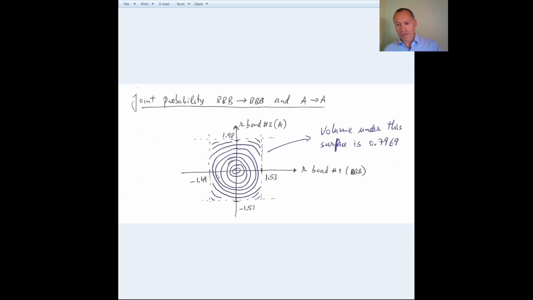In the thresholds, we saw that if the return for the first bond is between minus 1.49 and 1.53, so in this range here, the firm remains triple B. And for firm 2, if the return on assets is between minus 1.51 and 1.98, the firm remains A. So essentially, the joint probability is just the volume under this surface, over this square. Okay. All right.